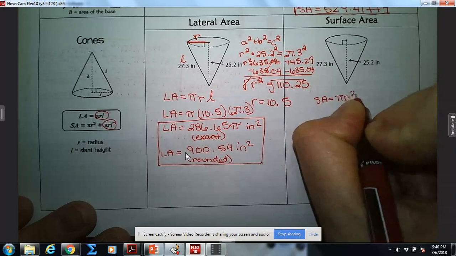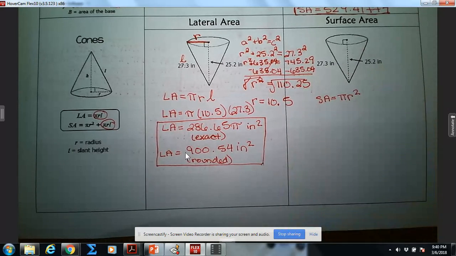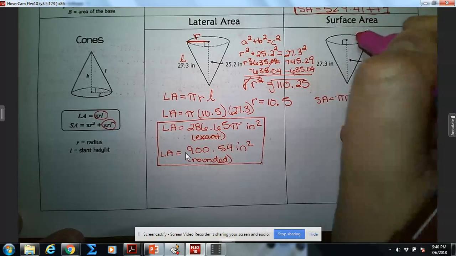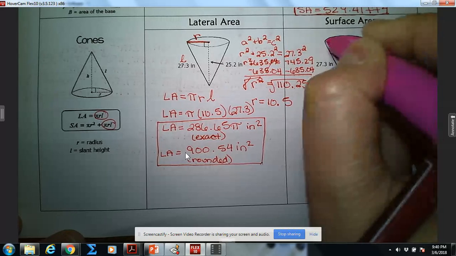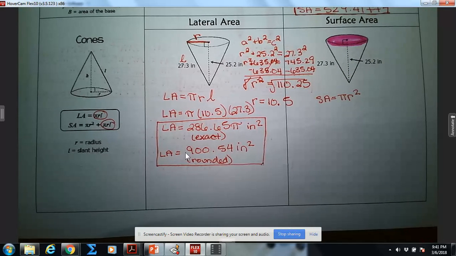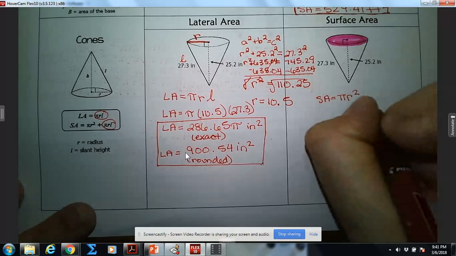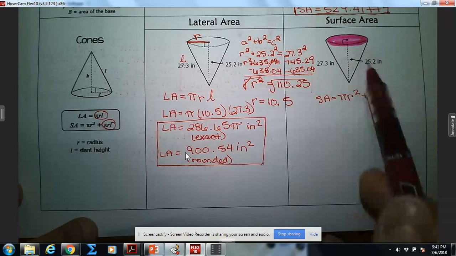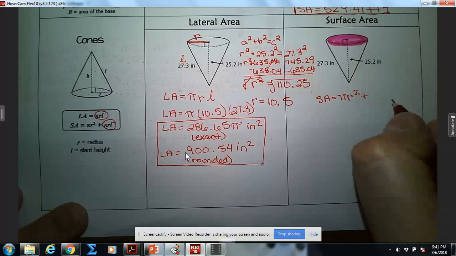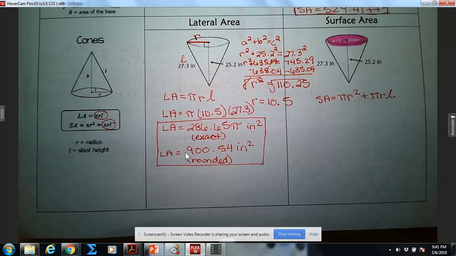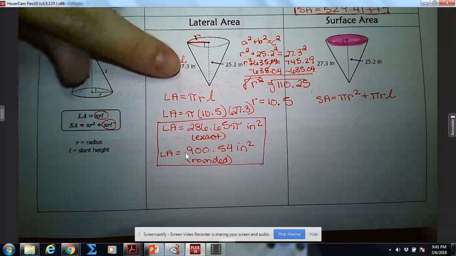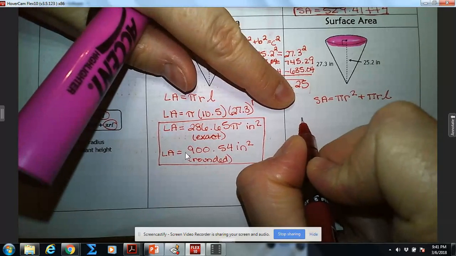I'll highlight the base again. Here's our base. That's the piece that's pi r squared, plus the lateral area, which is pi times radius times slanted height. So we've done everything here. We just need to plug it all in.